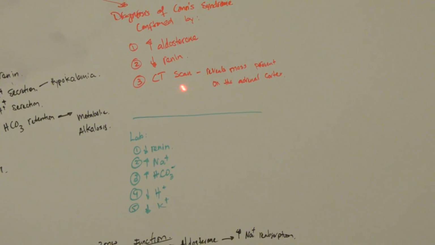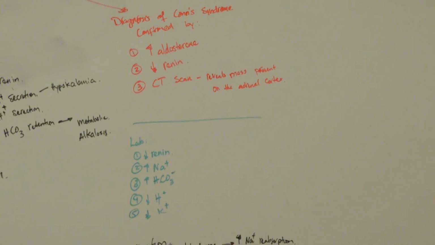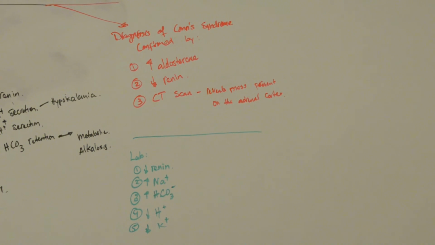We also do a CT scan, and if you see a mass on the adrenal cortex with these lab values, then it's highly likely that the patient has Conn's syndrome.